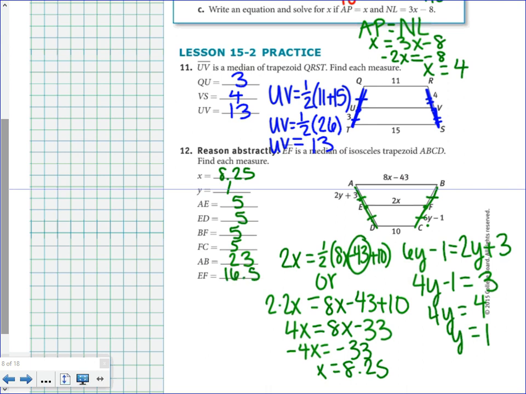And if you check, your top base is 23, your bottom base is 10. And if you take half of that, it should equal 16.5 because that's your median. And that does work. So you can kind of check and make sure that you plugged in and solved your equation correctly. So hopefully that helps you a little bit with understanding how trapezoids work. You got to remember some of your properties of your figures in order to work through these properly.